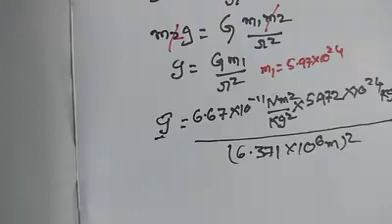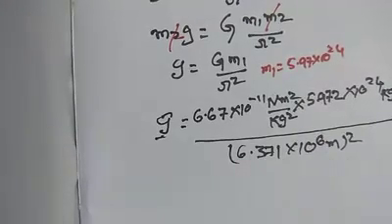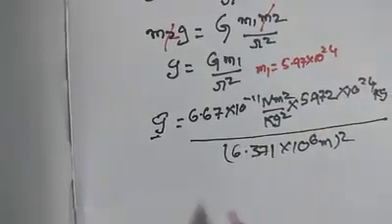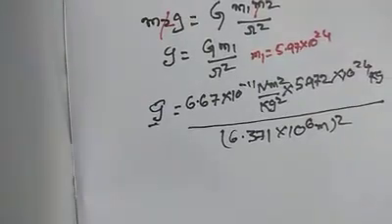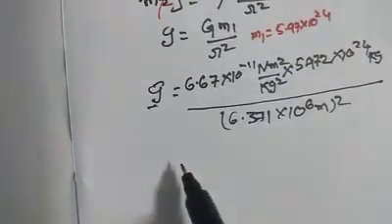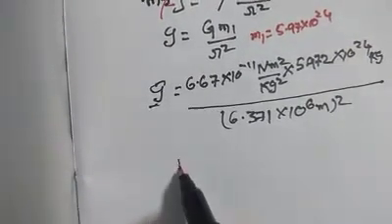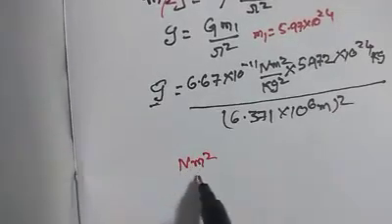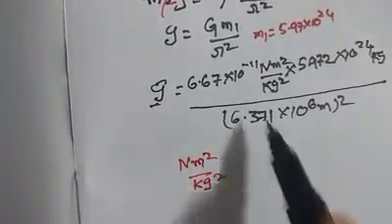But what again is very important is the conversion of units, that is meters and kilometers and Newton meters. On the top, we have Newton meters squared per kilogram squared, this is the value.